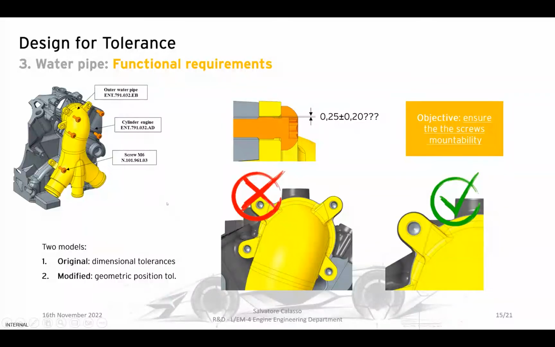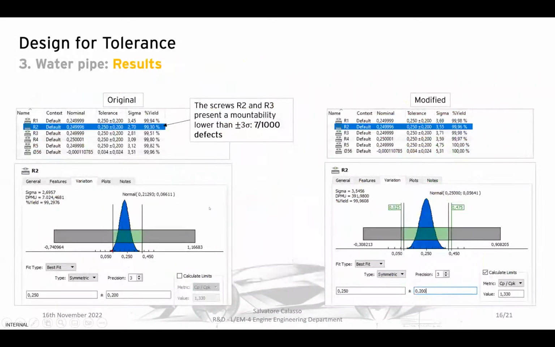Here we starting from an original drawing that not followed the actual ISO standard, and simply introducing a new regulation and simply modeling the cases due to CETL, we were able to answer the mountability of the part, increasing the tolerance and the drawing, so also reducing the cost.